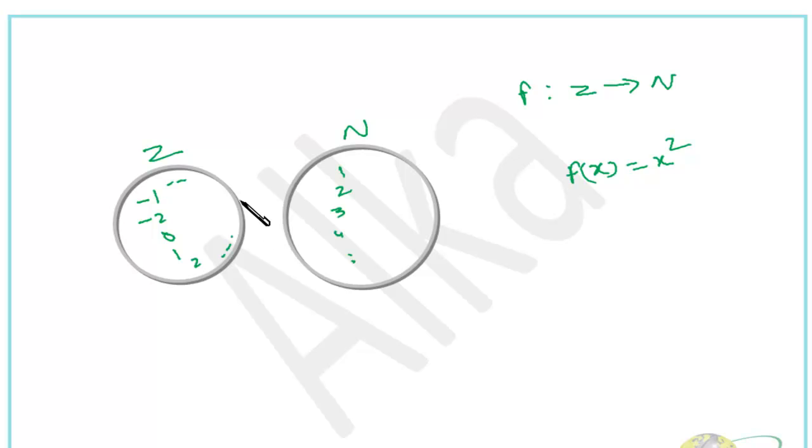Each and every element of Z will have an image in this set except one number, that is 0. Square of 0 will be 0 only, and that is not part of the natural numbers. Getting my point? So 0 won't have any image in this set. That means the given relation is not a function.